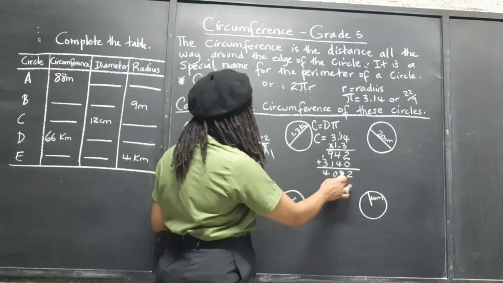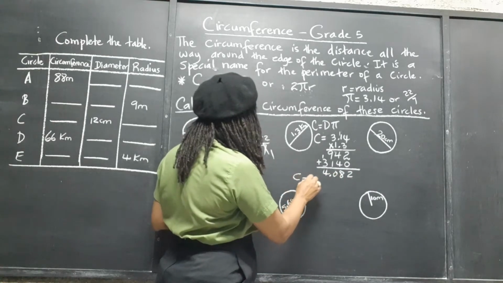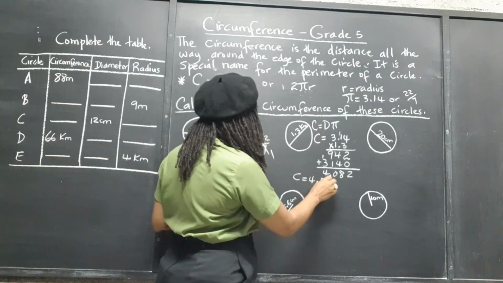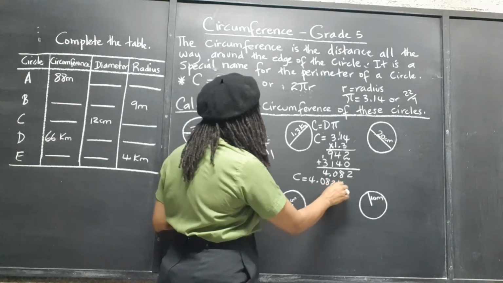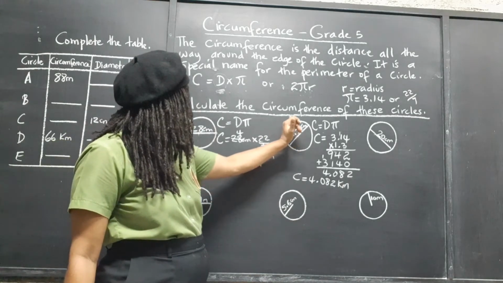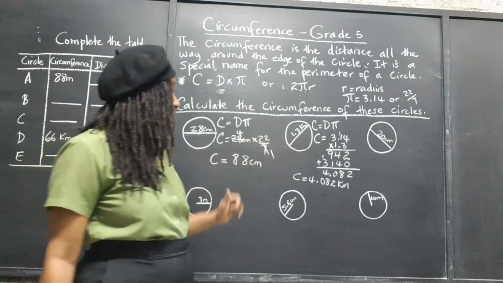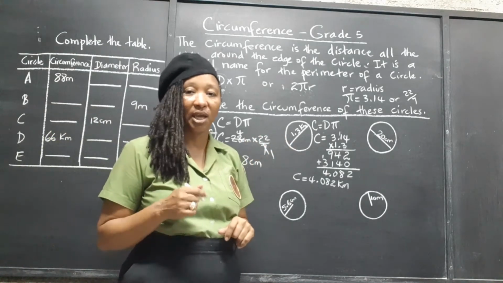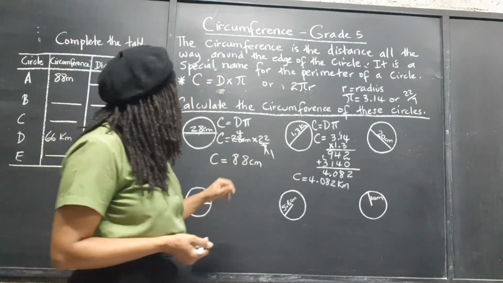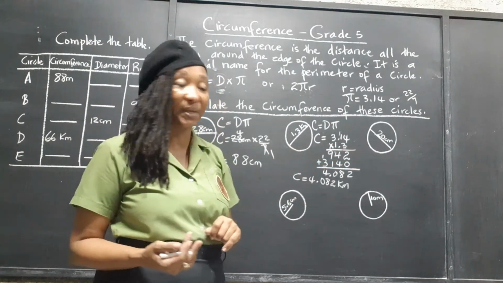So 1, 2, 3 goes here. So the circumference is 4.082 kilometers. The distance all the way around the edge of this circle is 4.082 kilometers.